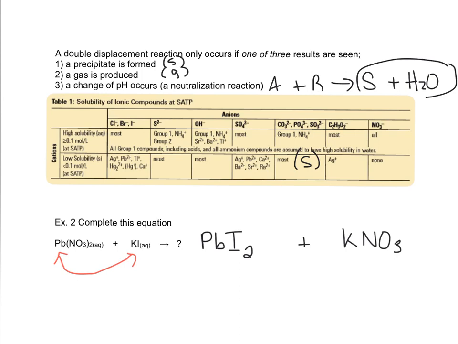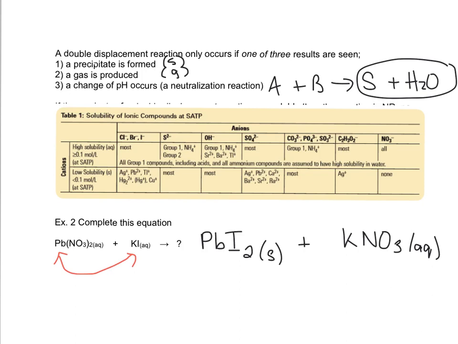Okay, so now we have to figure out what their solubilities are. So we've got lead 2 iodide, so go to the halogens. Here's iodide. Most are soluble, but lead 2 is found in the bottom. So this compound is solid. And then potassium nitrate, we know from before that all nitrates are soluble, so KNO3 has a subscript AQ.